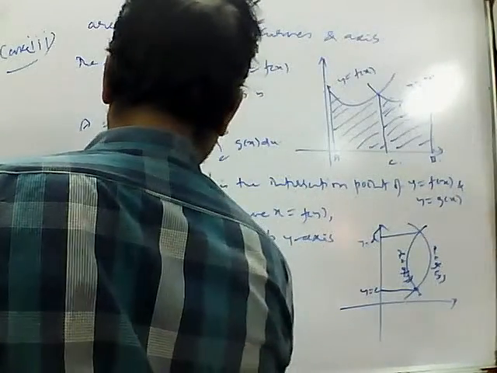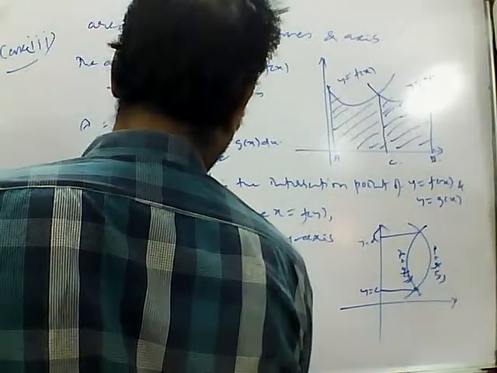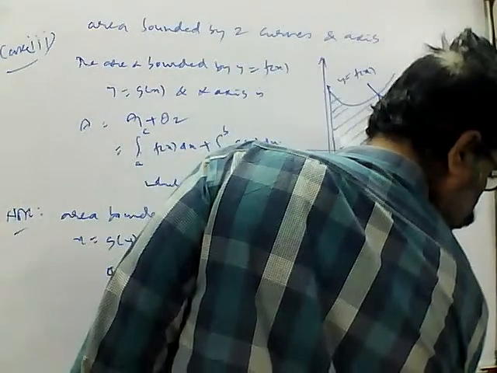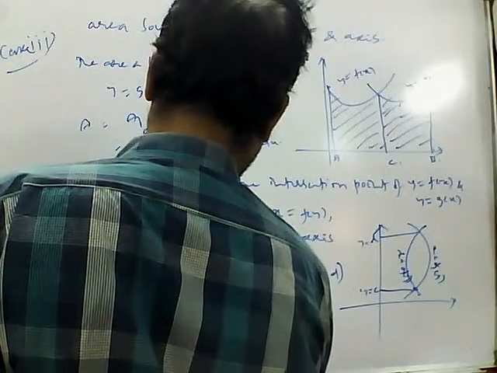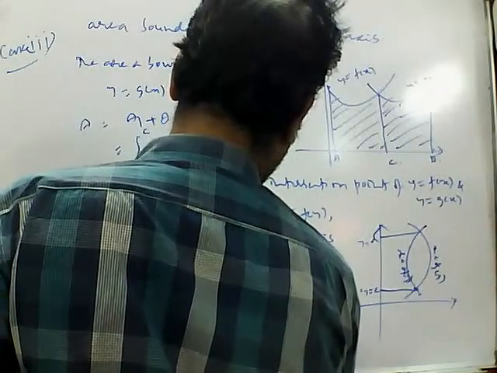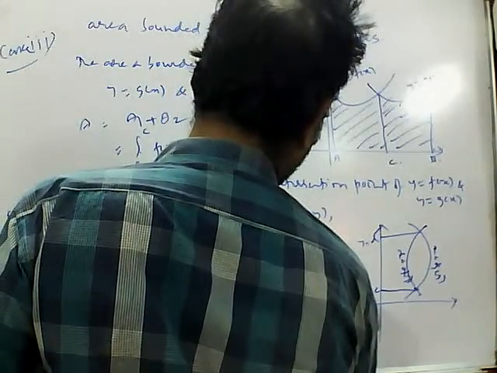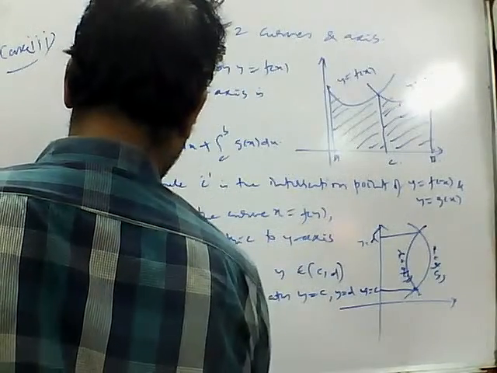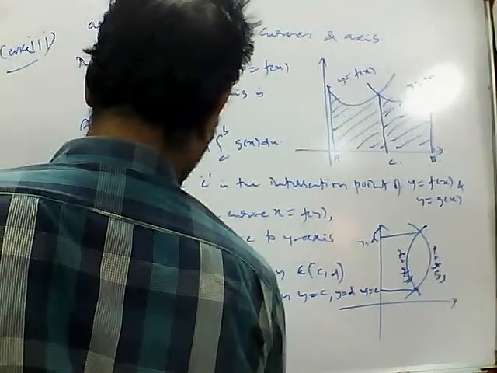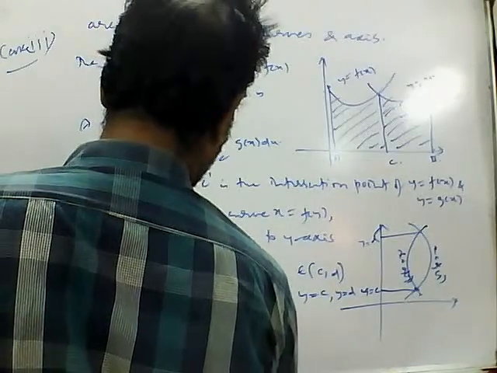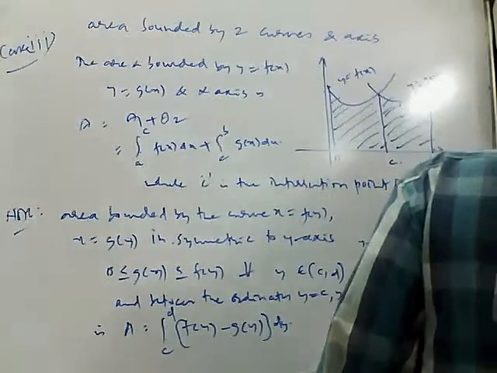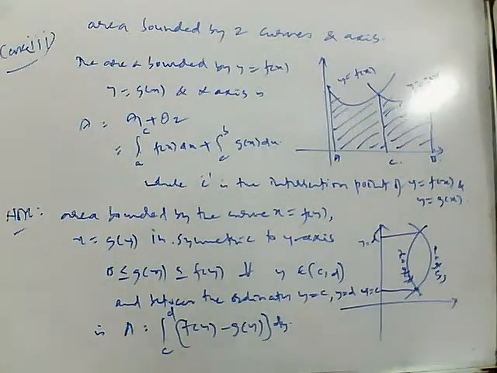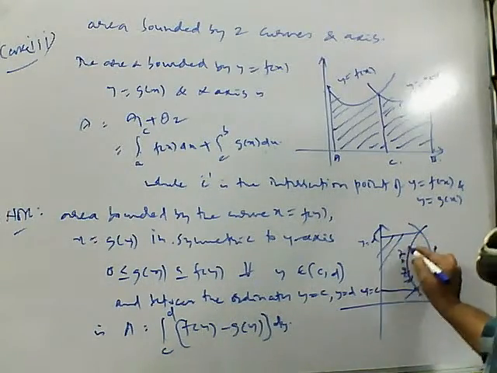Zero less than or equal to g of y less than or equal to f of y for all y belonging to C comma D, and between the ordinates y is equal to C, y is equal to D, A is equal to integral C to D f of y minus g of y dy. This is the area you have to find.